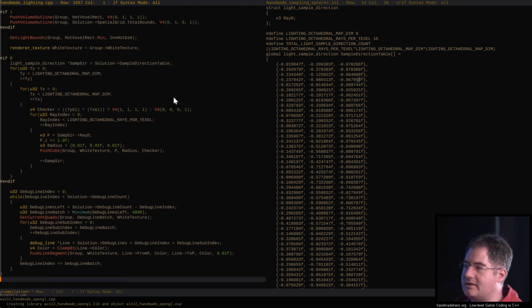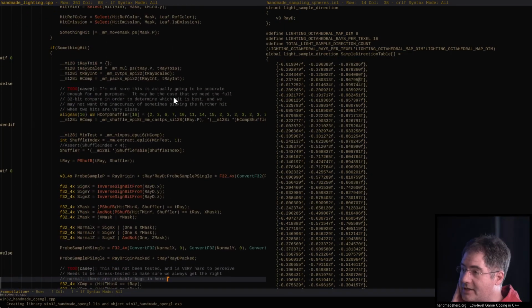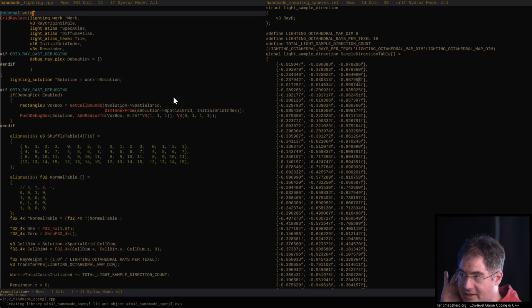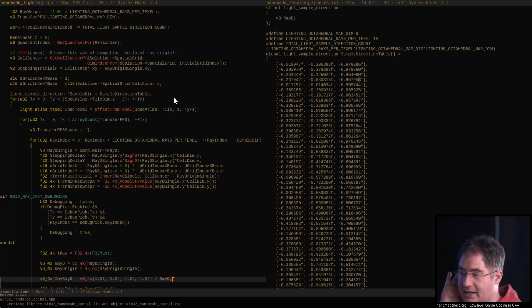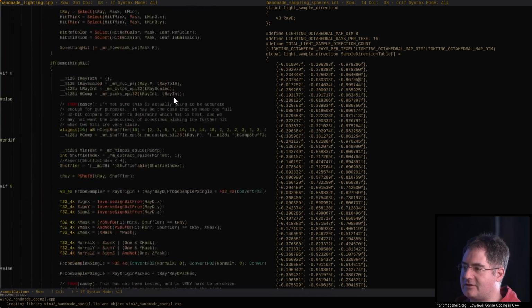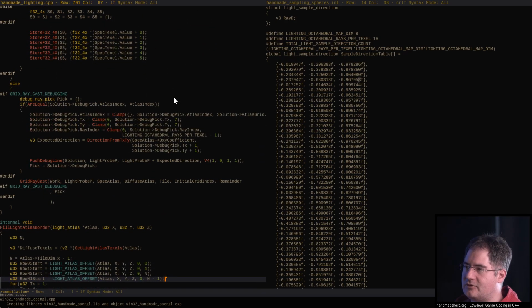I think we'll be able to simplify the lighting system even more now, because we just keep removing pieces of it and it gets better, right? So that's a really good place to be. We can probably simplify some of how these loops work and just get stuff down to a more minimal state. And as we do that, it also gets easier to find the bugs in it. We're still spending a lot of time doing the octahedral map downsampling.